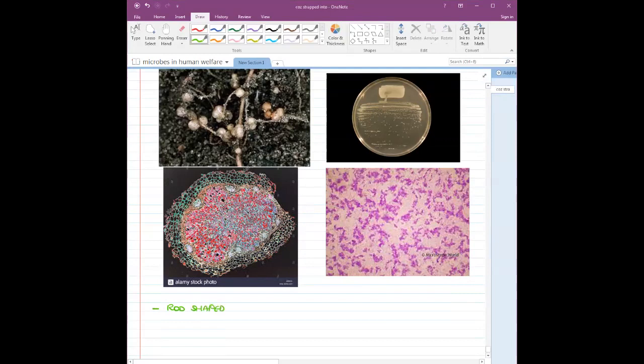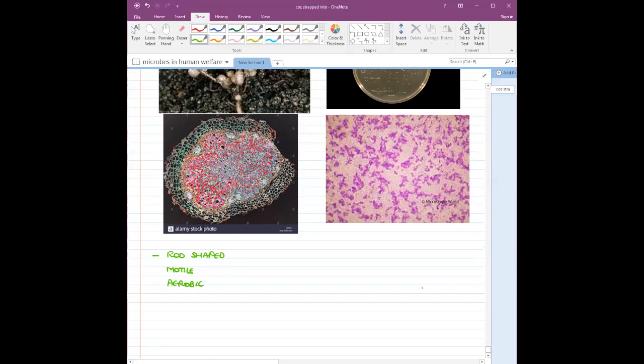Second thing, these are going to be motile, guys. Okay, they are movable. Once again, they are going to be aerobic, but they are going to be gram negative. Now, guys, what is gram negative and gram positive? Whenever we stain microorganisms, bacteria especially, we see that bacteria pick up either of two colors.